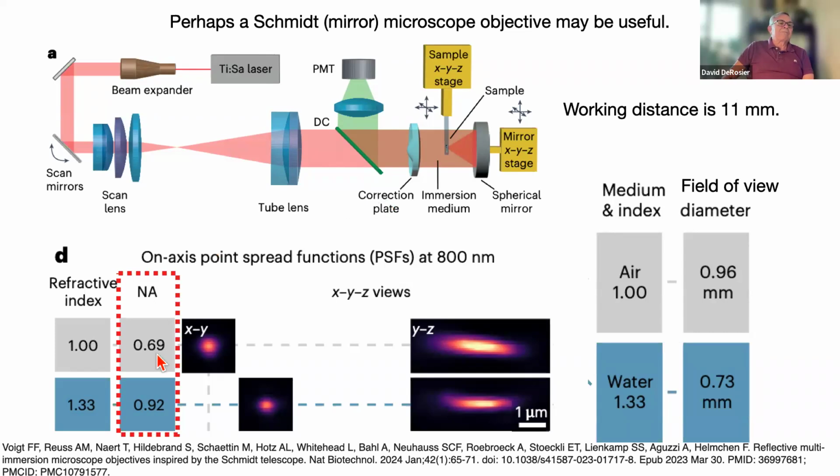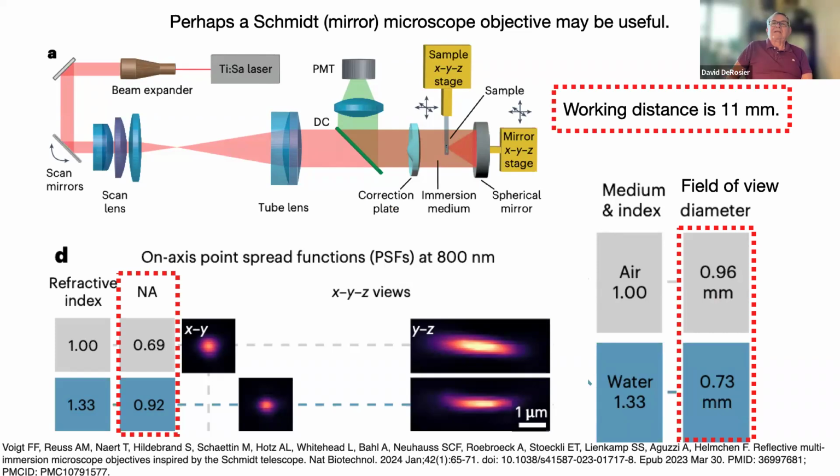The first thing you want to know is over here. The numerical aperture is quite high, about 0.7 to 0.9, depending on the medium that's in the region of the sample. The second thing is the field of view is huge. It's a better part of a millimeter. And the final thing that really got me excited was the working distance is 11 millimeters.